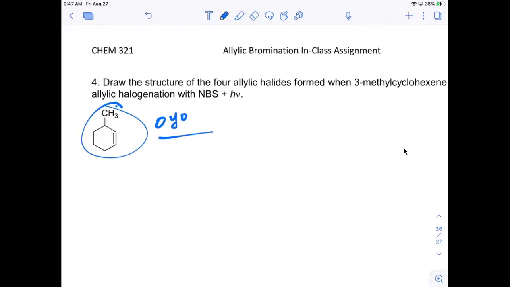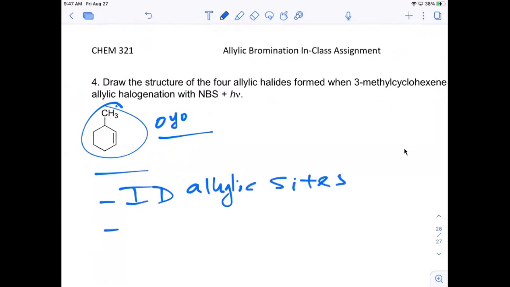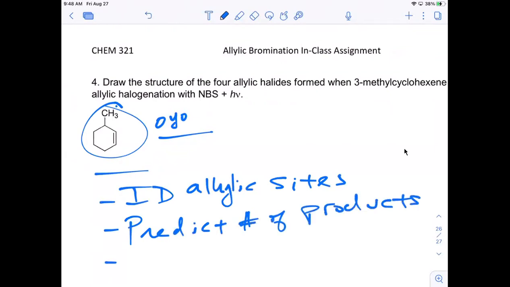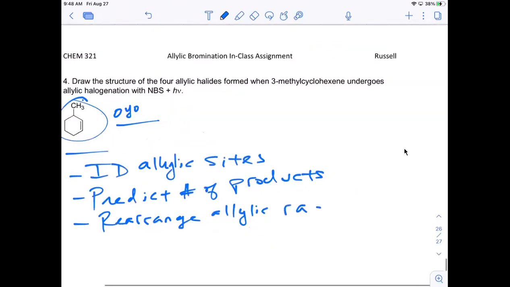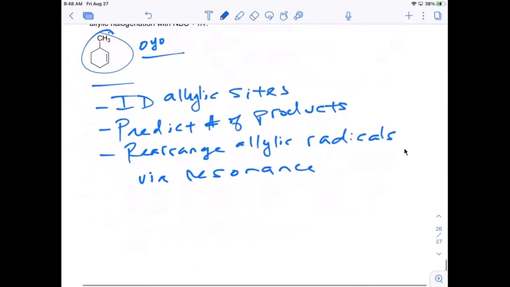All right, you should be able to do this problem based on what we've done already. At this point, you should be able to identify allylic sites, predict the number of products, rearrange allylic radicals by resonance, and show the mechanism.